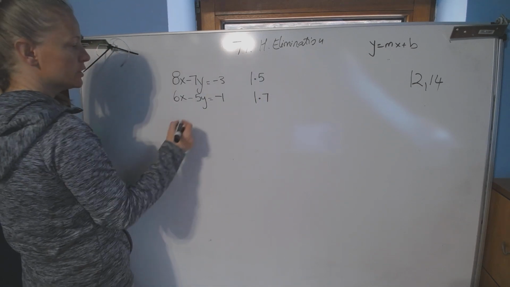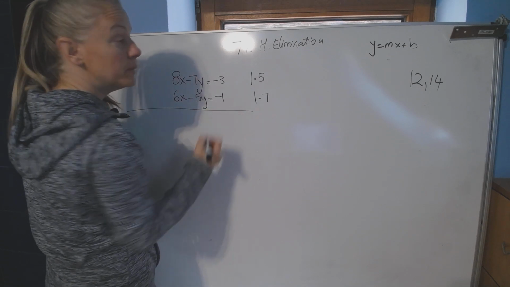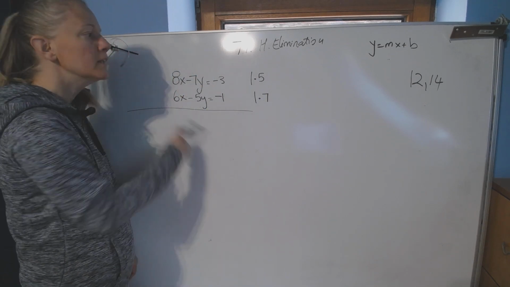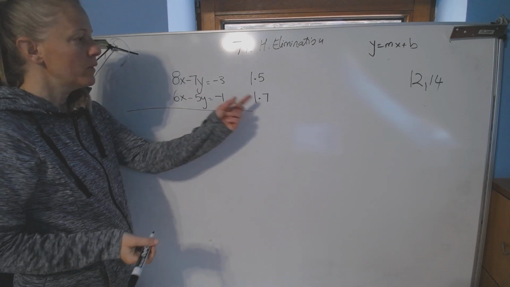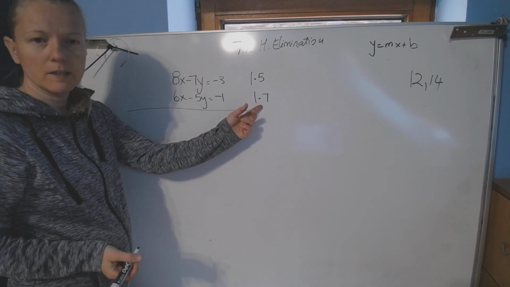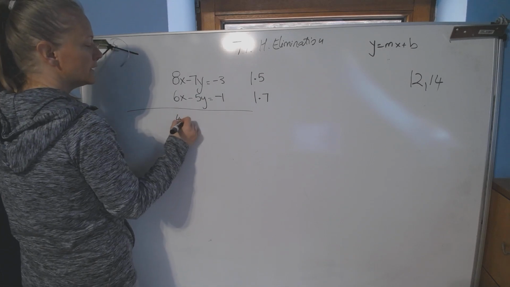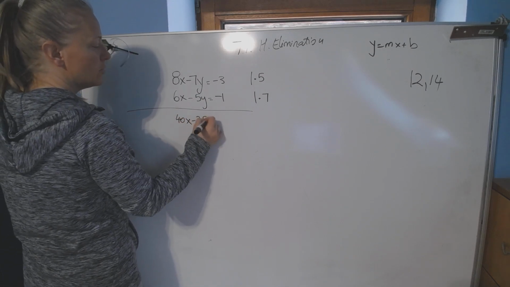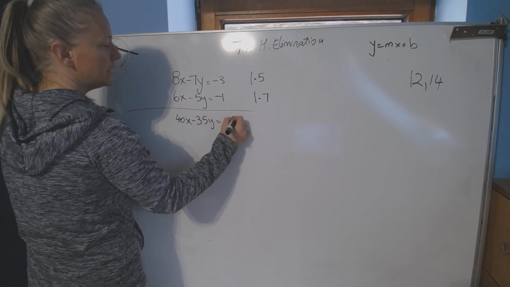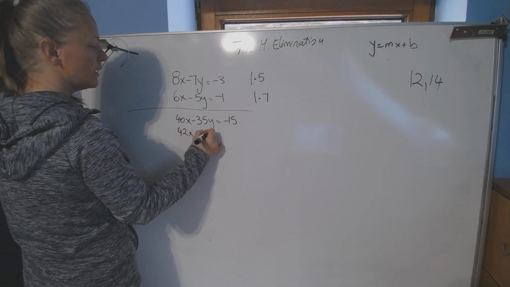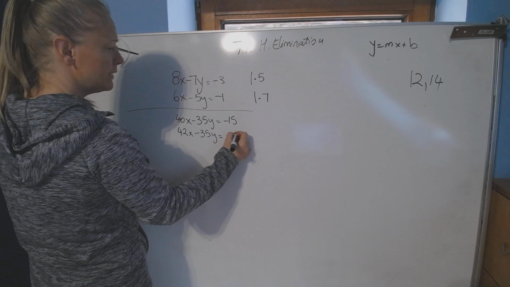Remember, everything is distributed. You are going to get bigger numbers when you do this. If I would have times by 3 and 2, this would have looked a lot nicer. But I want you to remember that you can always just do this in case you forget the least common denominator. So I get 40x minus 35y equals -15. 7 distributed. 42x minus 35y equals -7.